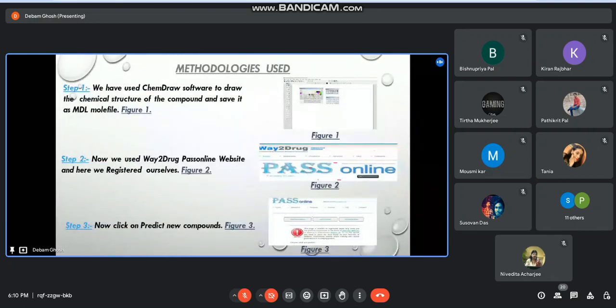Now the methodologies we used. Step 1: we used ChemDraw software to draw the chemical structure of the compound and save it as an MDL mol file, as seen in figure 1. Step 2: we used the Way2Drug PASS Online website and registered ourselves, as shown in figure 2. Step 3: click on predict new compounds, as shown in figure 3.